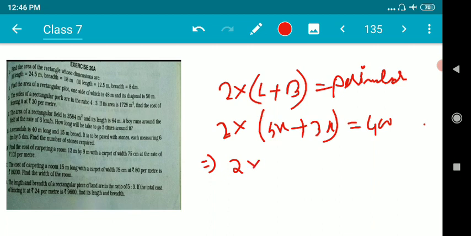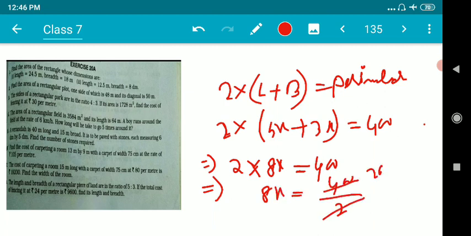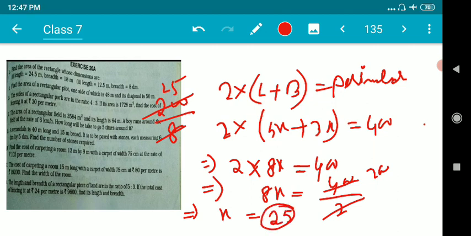So 2 into 5 plus 3, 8x, is equal to 400. Now 8x equals 400 divided by 2, it comes 200. Now x equals 200 by 8, which comes 25. The value of x comes 25.